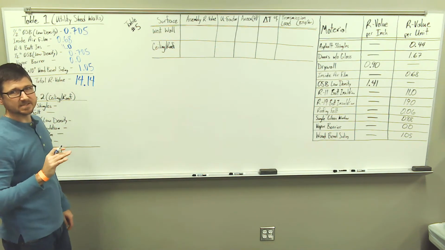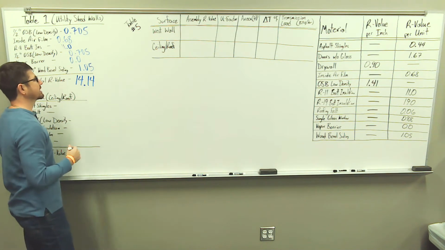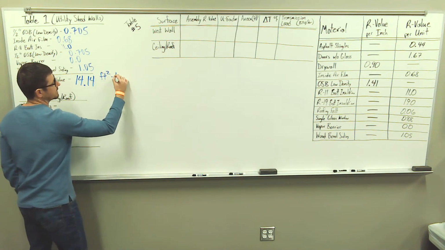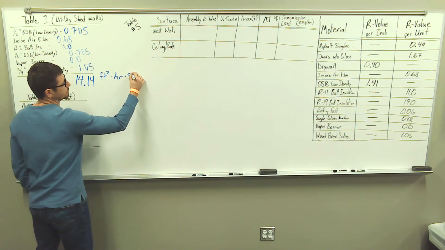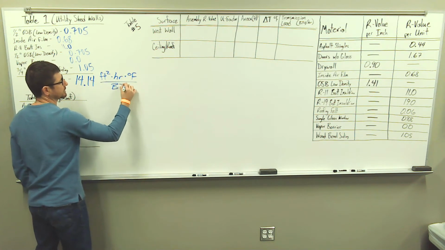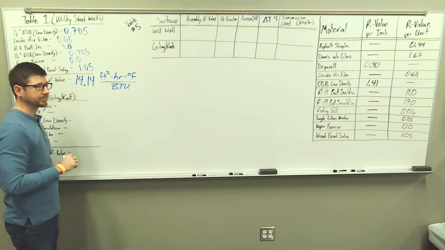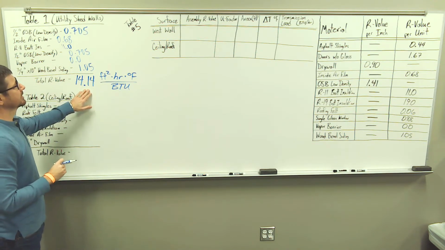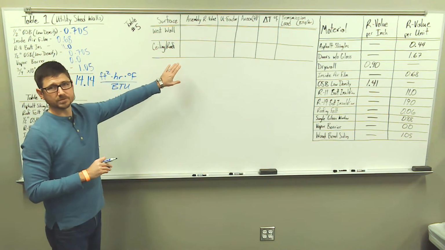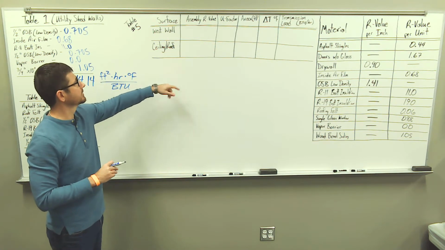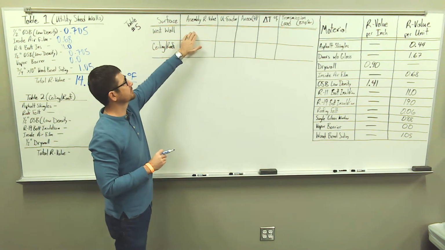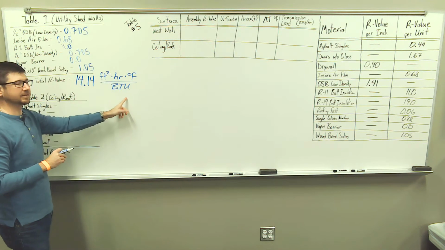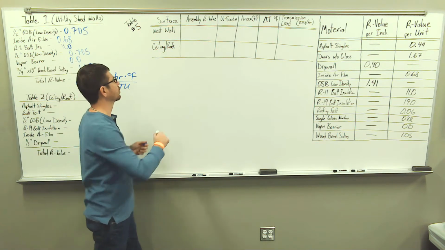Since this is an R value, we have units of foot squared, hour, degree Fahrenheit per British thermal unit. We take this value and turn to page 4, Table 5, which asks for the assembly R value for the west wall. We just calculated it: 14.14.